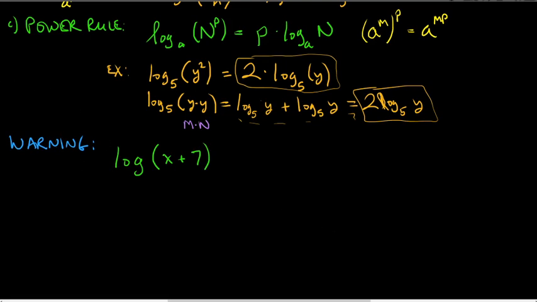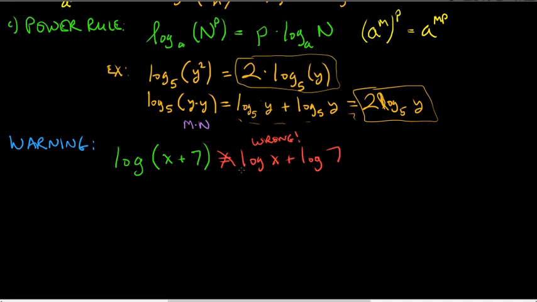So how can we rewrite this? Well, you might be tempted to say that this is the log of x plus the log of 7. That would be nice, but it's wrong. Don't do this. I know that's very tempting, but it's not going to work.